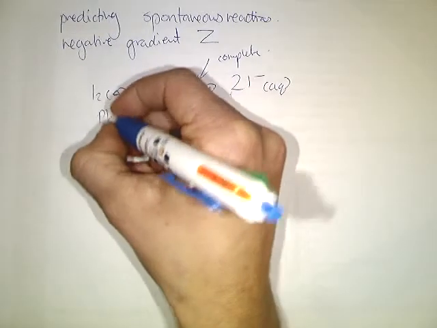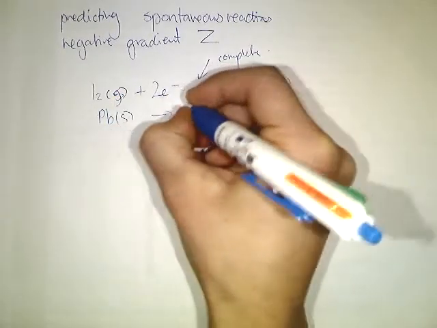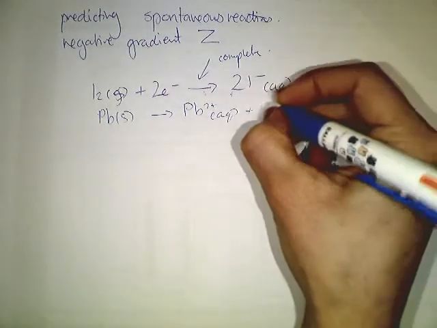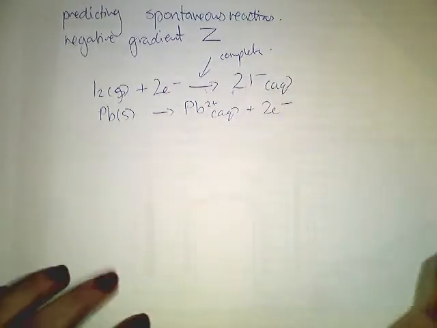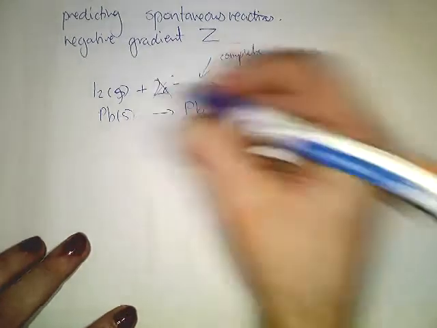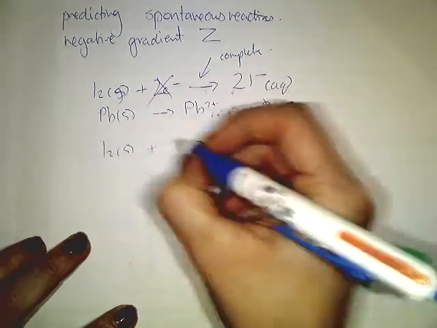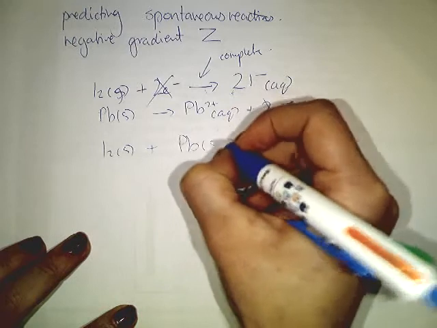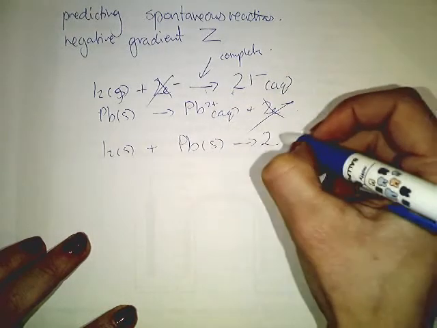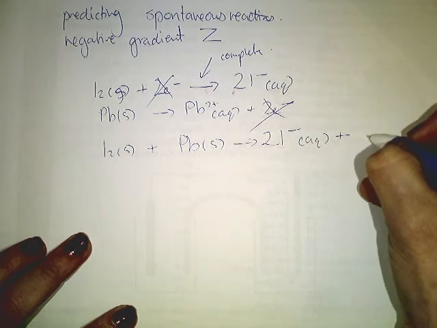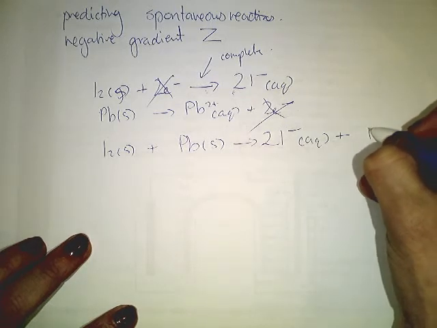So Pb(s) produces Pb2+ plus 2 electrons. If we write out the full reaction, the electrons cancel out, and it's I2(s) plus Pb(s) produces 2I- plus Pb2+.